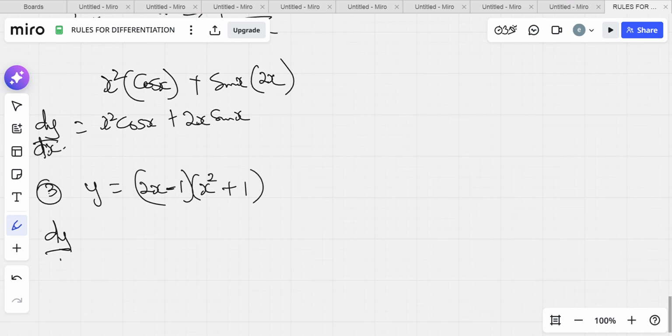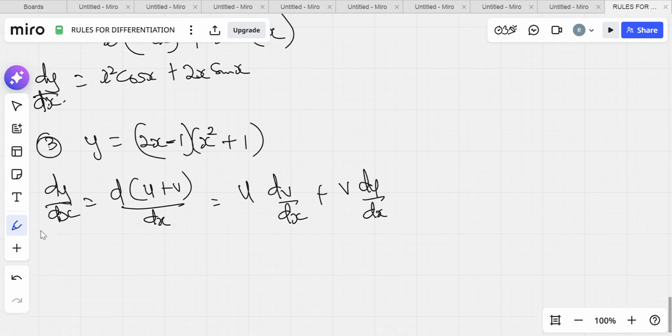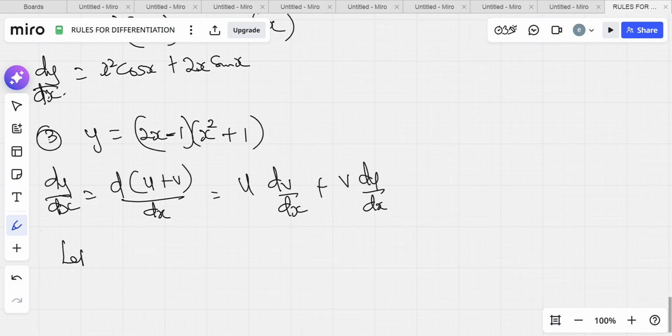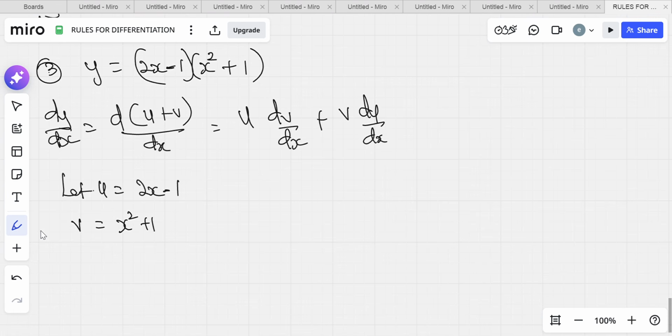Having that dy over dx is equal to d of u times v over dx, okay, u dv over dx plus v du over dx. So let our u be 2x minus 1 and our v is x squared plus 1. So we begin to apply.